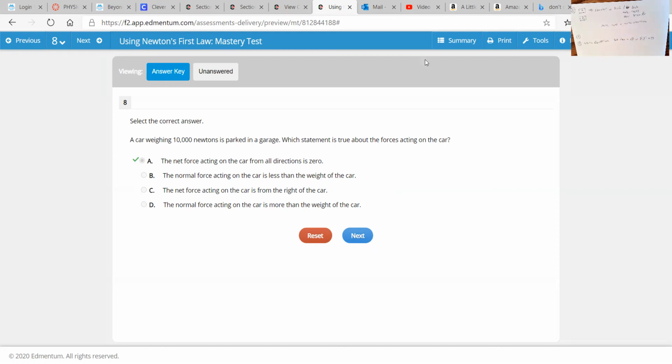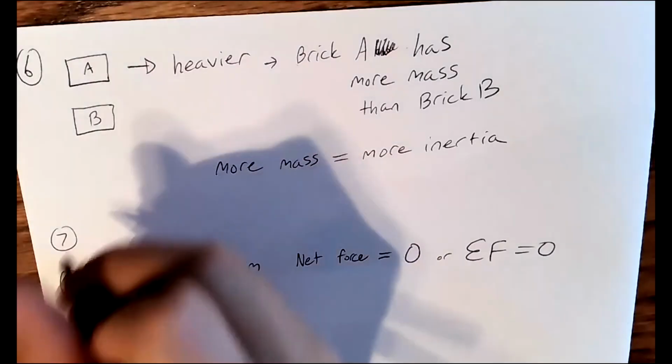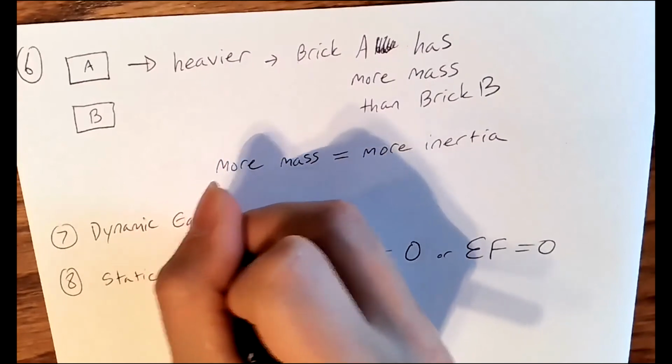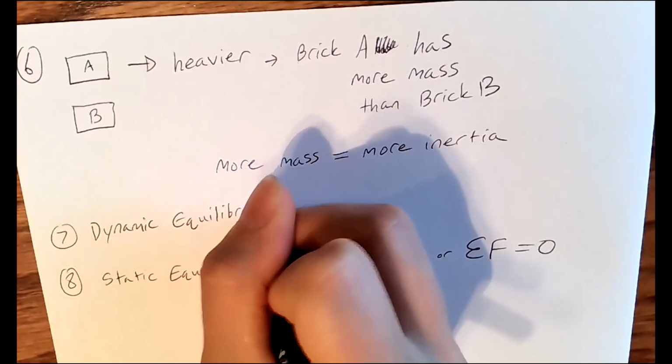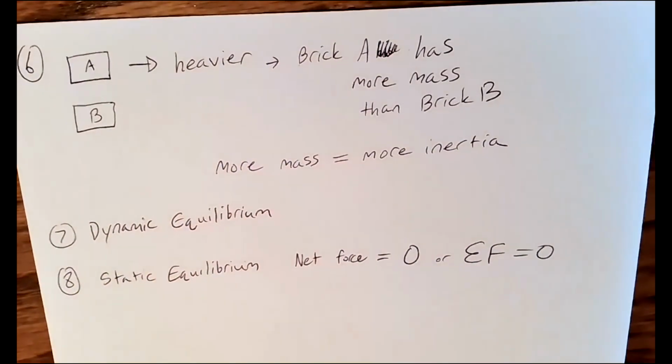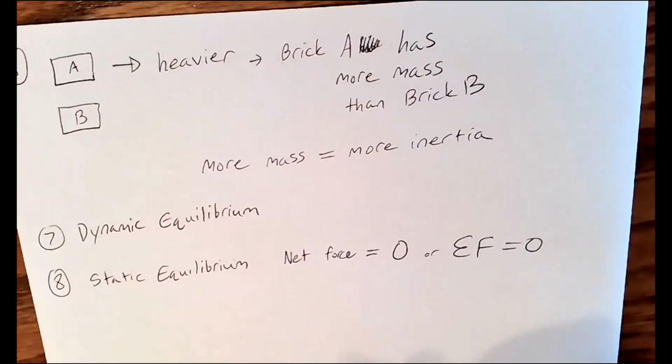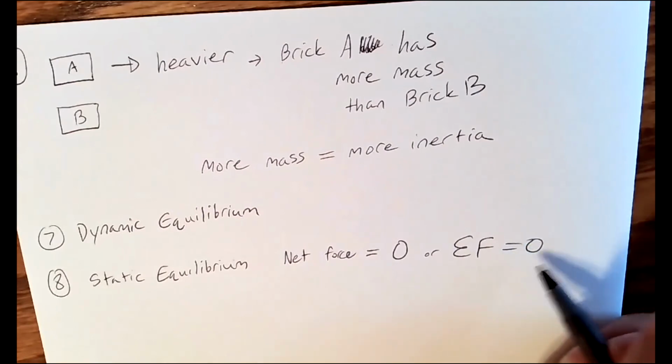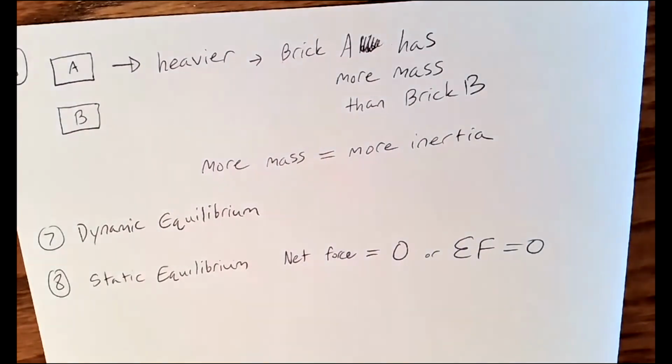So number 7 was dynamic equilibrium. Number 8 is static equilibrium. The net force acting on it is 0, or the sum of all external forces equals 0. That's two ways to write it.